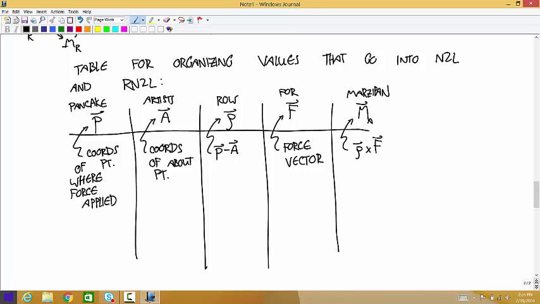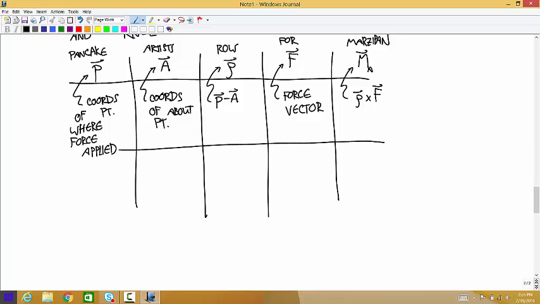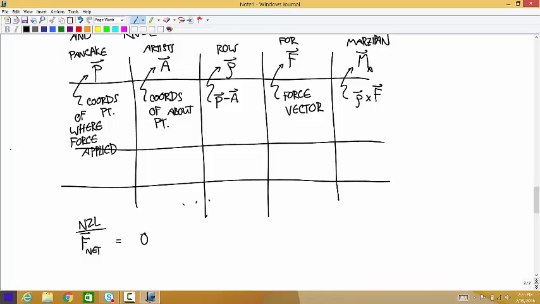So it's nothing new. It's exactly the way that everybody calculated moments in statics. It's just a way to organize it so you don't get your signs backwards, and you have everything in one place. So then you'll have a column for one force, a column for the next force, and so on. And then when you get to Newton's second law, the sum of the forces is equal to 0 in equilibrium.